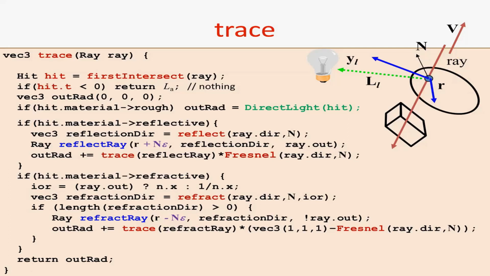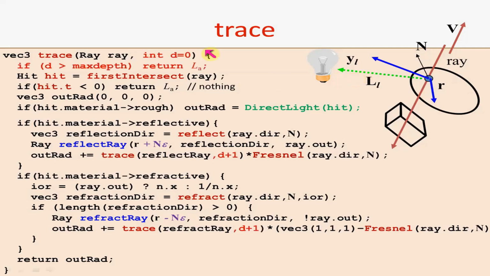We should limit the recursion depth at any price. This is possible by introducing a new parameter indicating the depth of recursion, and we call it d. So when the depth of recursion is greater than a predefined limit called max depth, we terminate further calculations and return with the ambient light. And at each recursive call, this depth parameter is incremented.